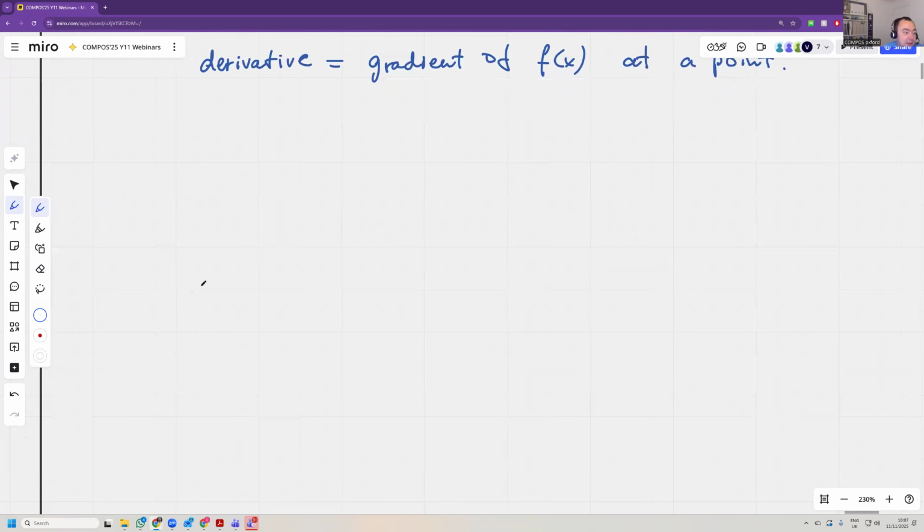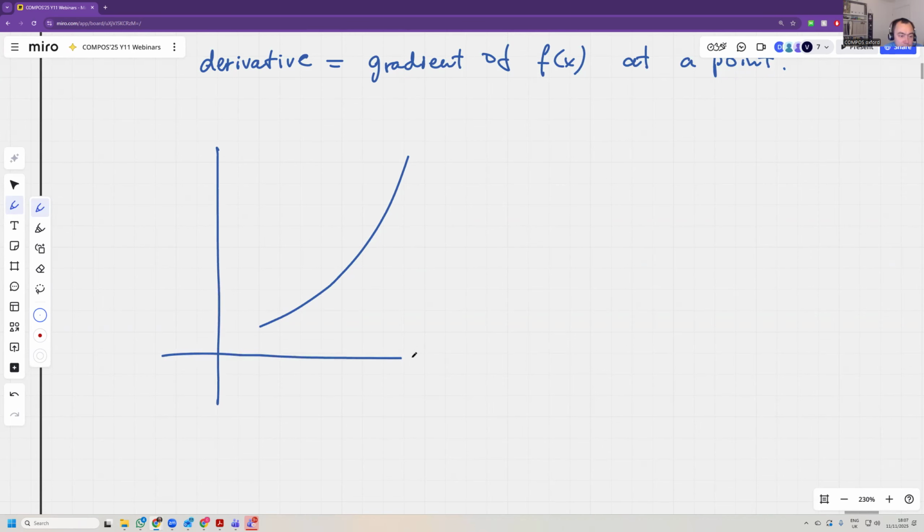If you take a function, so let's say we have a function f of x, this is x, this is y. This is f of x.